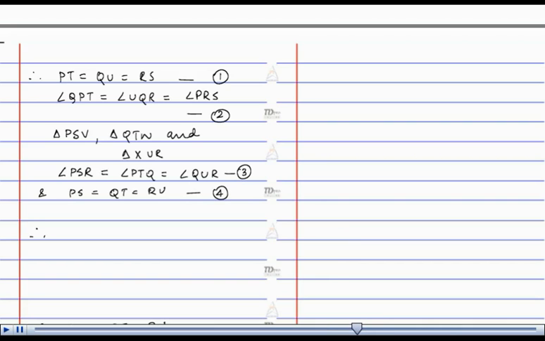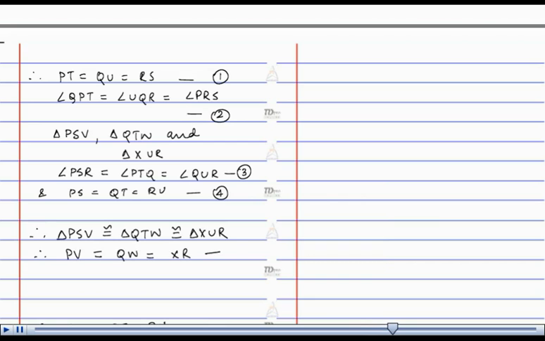Therefore, we get triangle PSV is congruent to triangle QTW is congruent to triangle XUR. Therefore, PV is equal to QW is equal to XR.